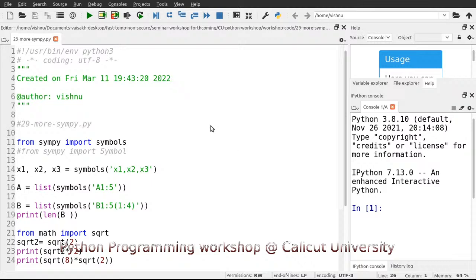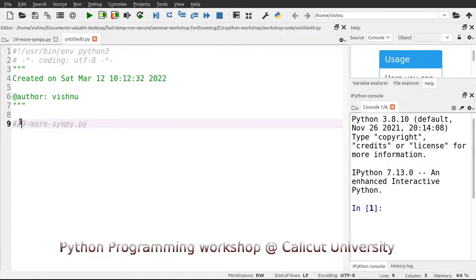Let me start a new program first. So this is the 30th program that we are going to have. Okay, the very first command that we will try to introduce is the solve command. I think yesterday we have seen factor and expand. Those were the major things that we saw yesterday. Now today we are going to have something called a symbol.